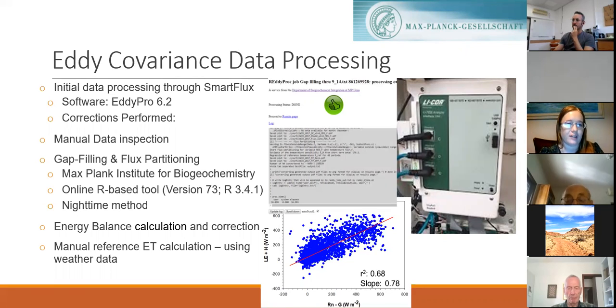It's pretty rare to get complete energy balance closure in an eddy covariance system. So typically energy that was captured by Rn minus G and not by the eddy covariance system can be reallocated to LE and H based on the Bowen ratio, which we calculate manually.